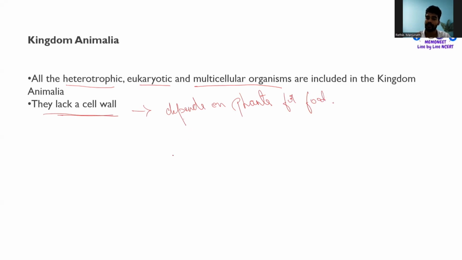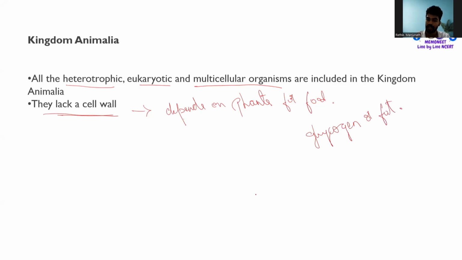Okay, so they have a digestive system. Digestion normally happens internally, in an internal cavity where we take in the food. How do they store reserve food? It is in the form of glycogen or in the form of fat.